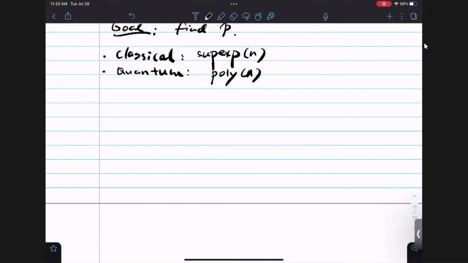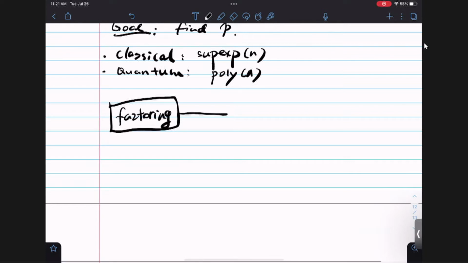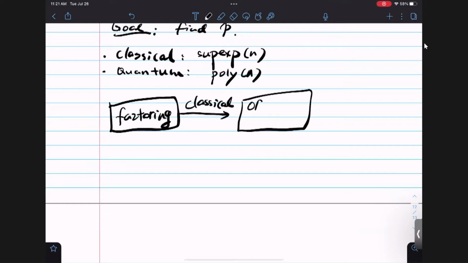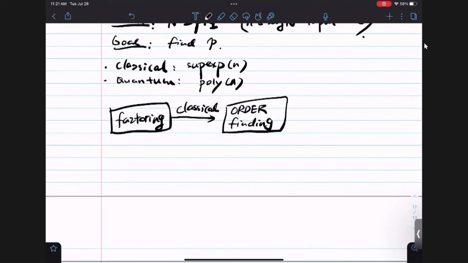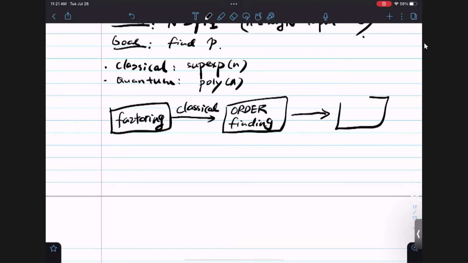So here's the outline. You want to solve factoring. It can be reduced to another problem called order finding, and this step is purely classical and well known to number theorists. Then to solve order finding, we have a quantum algorithm which uses the quantum Fourier transform as a key component.